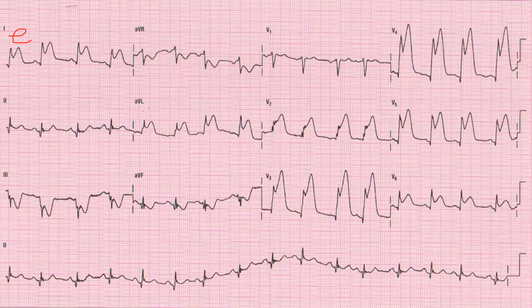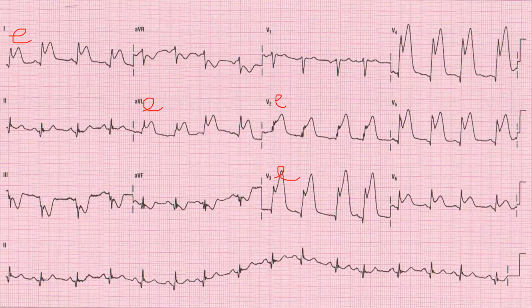AVL is elevated. AVF is normal. V1 is normal. V2 is elevated. V3 is elevated. V4 is elevated. Come on, my pen is not going to the V4. V5 is elevated and V6 is elevated.